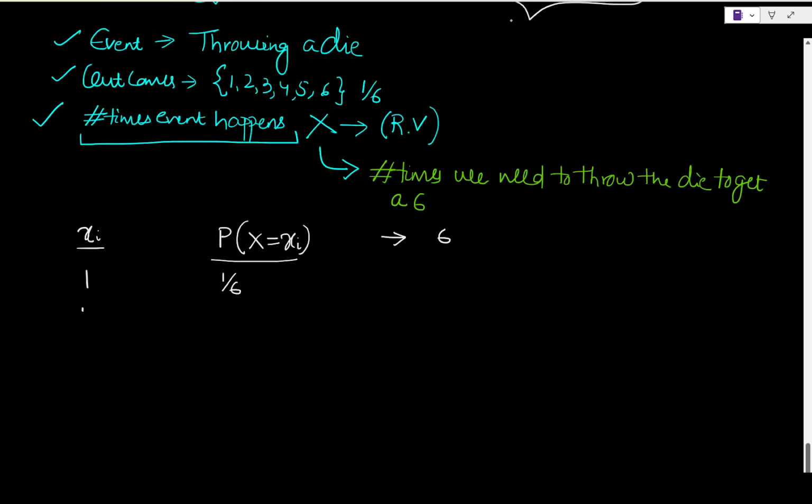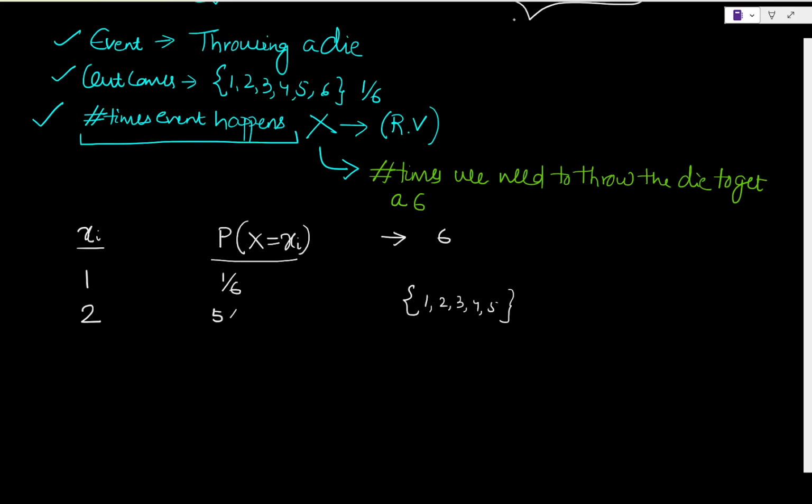Now, xi can be 2 as well. If it is 2, that means that in the first try, I did not get a 6. So what is the probability of not getting a 6? It means it can be anything from 1 to 5. It's basically 1, 2, 3, 4, or 5. So there are 5 possibilities.